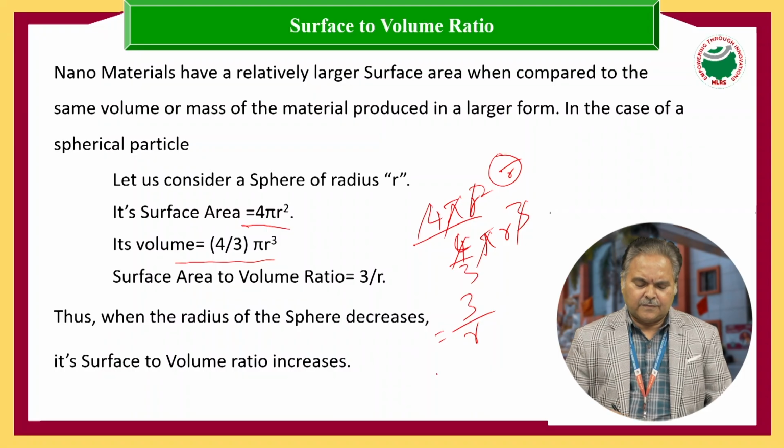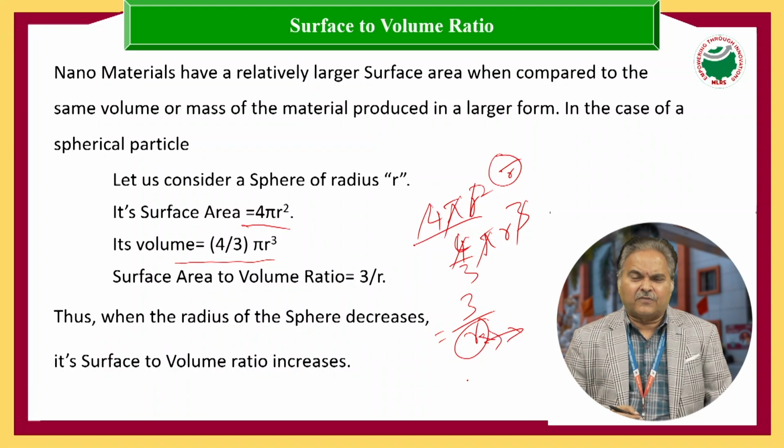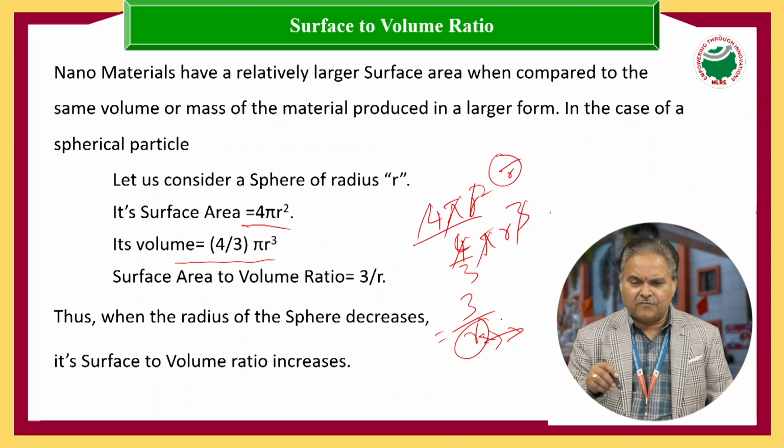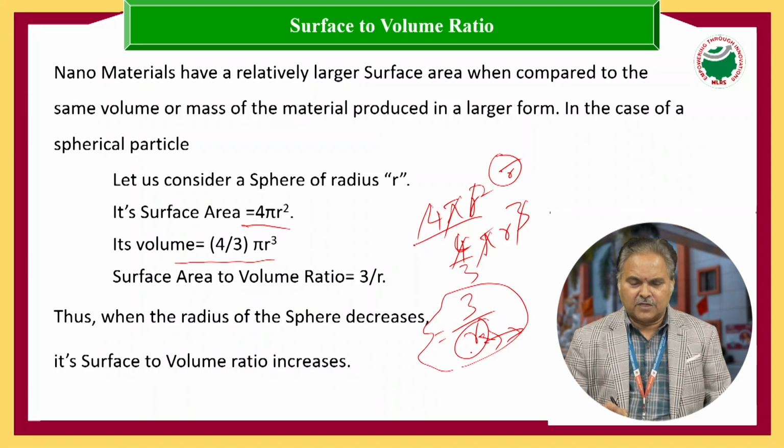So 3 by r means the surface to volume ratio increases when the r value decreases. When the sphere is reduced in size, you get more surface to volume ratio. That means a large number of particles are accumulated on the surface, and each particle has its own area.